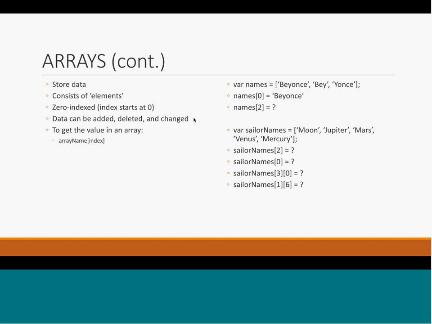The Beyonce, Beyonce are in the array, but the variable itself is named names. Remember, you declare a variable by using the keyword and giving it a name. So we have a variable because we see the keyword and we know it has a name called names. Is it assigned a value? Yes. Great. This is assigned a value.